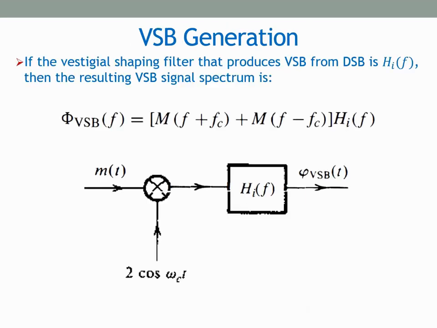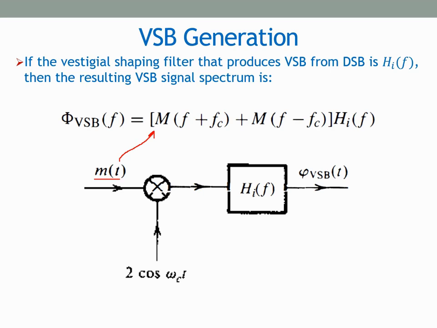So how do we generate a VSB signal? This is the expression for a VSB signal, and this is the block diagram. So we have the signal m(t), whose Fourier transform, or the signal in the frequency domain, is represented by M(f). We simply multiply it with the carrier as we do in the DSB signal.